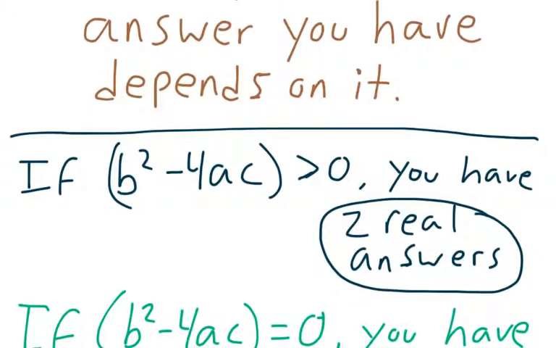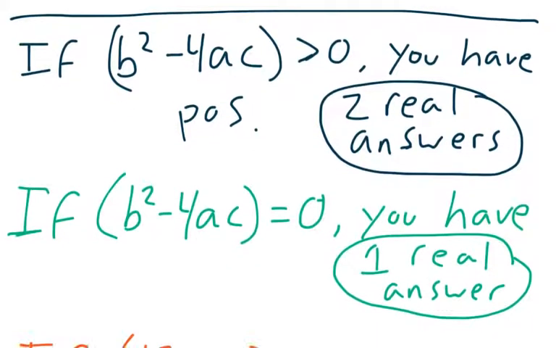If that part, b squared minus 4ac, is more than 0, in other words positive, then you have two real answers to your quadratic equation. If that part is exactly 0, you have only one answer, and that'll make sense in a couple minutes when I show you an example.